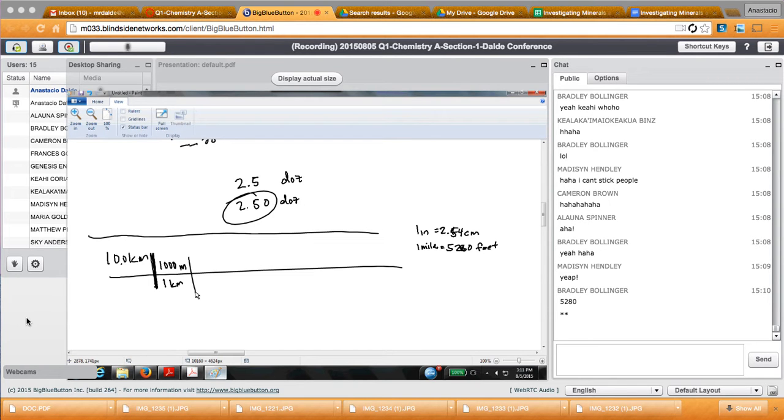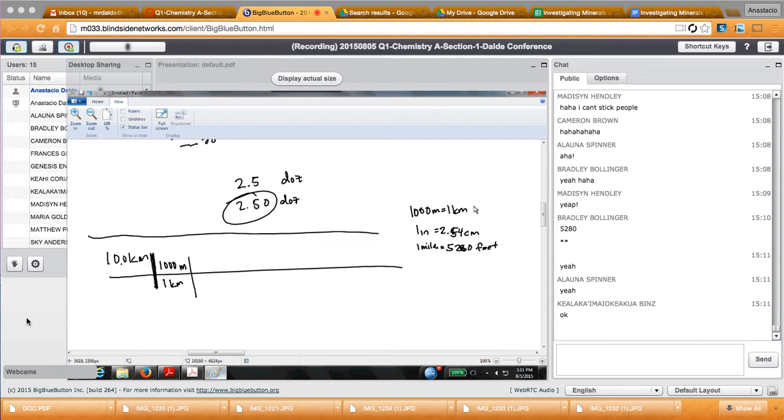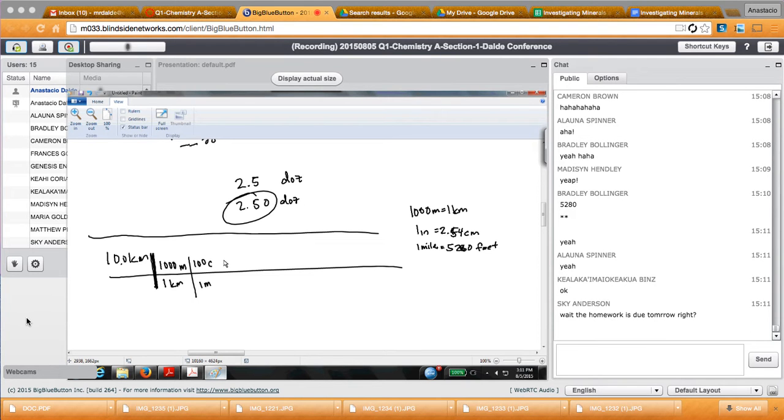Kilo is 1,000. 1,000 meters is the same as 1 kilometer. Agreed? All right. Everyone understands how I did this first step because that's important. Now I'm going to say 1 meter is 100 centimeters.